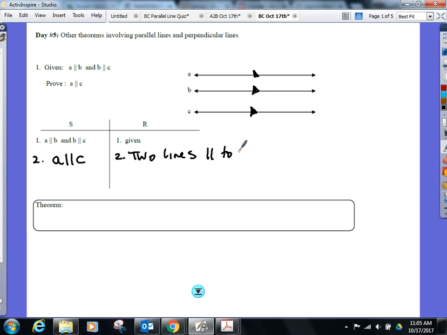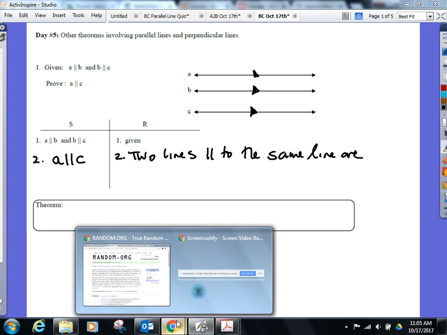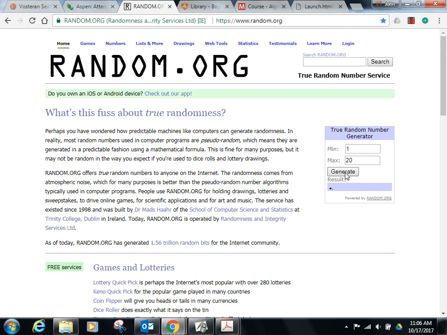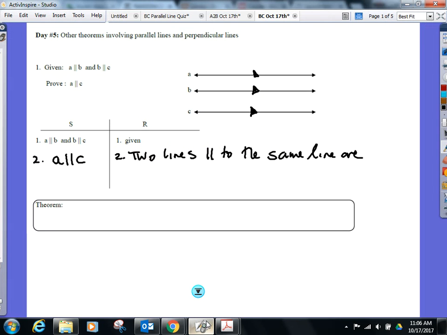B, the same line. 2 lines parallel to the same line are, and then someone's going to finish it now, 2 lines, A and C, parallel to the same line, B, are parallel to, 10? How do you think I finished this? 2 lines parallel to the same line are, there we go, parallel to each other. And there is your first theorem for today.